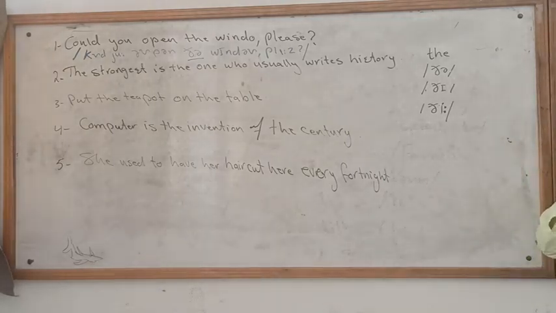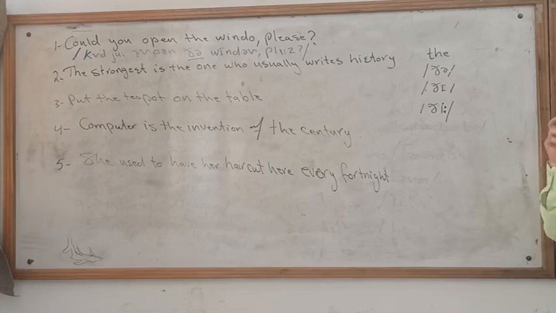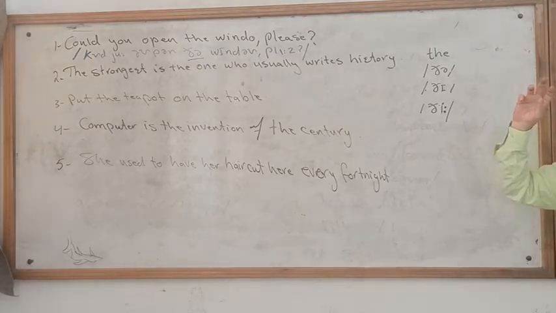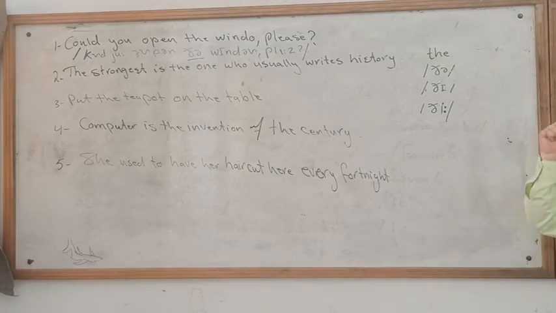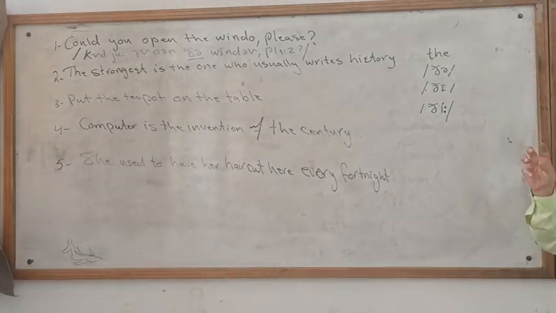So here, it doesn't matter whether it's followed by a consonant or a vowel. It mainly focuses on emphasis, that I'm emphasizing on a certain thing. I'm making focus on a certain thing.